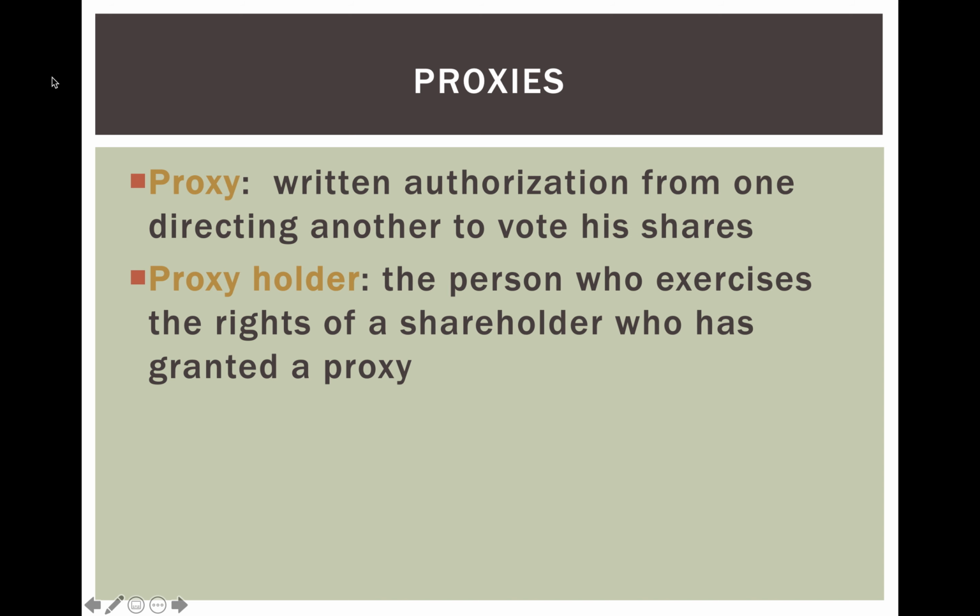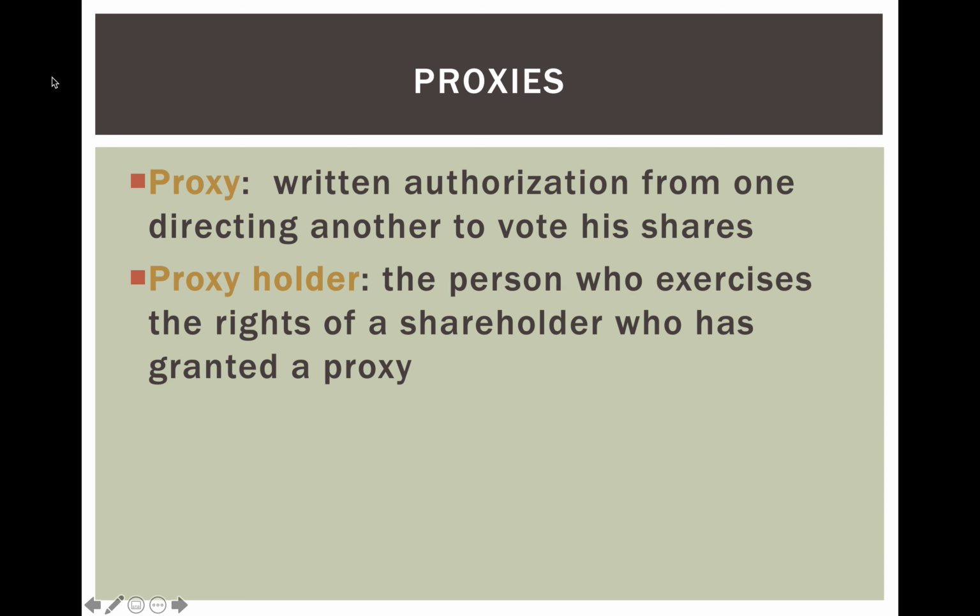And voting can typically happen in two ways. There's majority voting, which is easy: 51% or more. And then there's plurality voting. Especially for electing directors, no one person may get 51%. They may not get a majority.